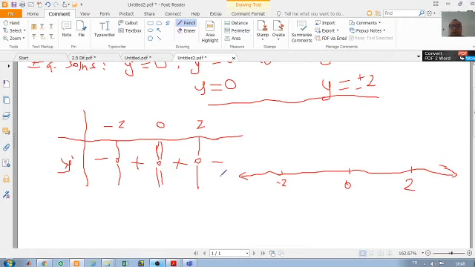So for all values bigger than 2, we have negative slopes, therefore the direction will be on the negative side. Between 0 and 2, we are on the positive side. Between minus 2 and 0, we are still on the positive side. Less than minus 2, we are on the negative side.